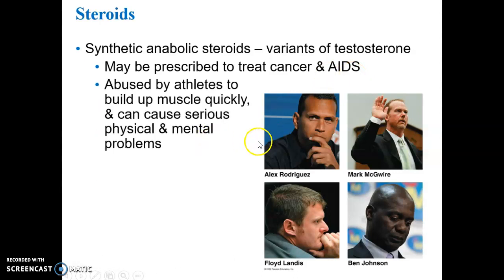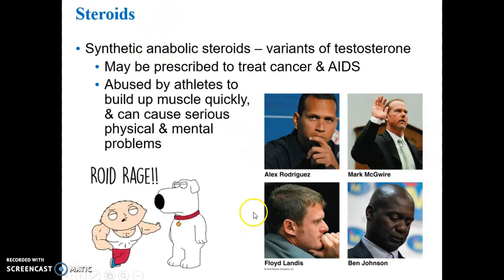However, they have been abused by some athletes, actually probably many athletes. They help build muscle quickly, but they can cause serious physical, physiological and mental problems. So basically, cheating by using synthetic anabolic steroids. If you've heard of roid rage, in the sense of steroid rage, because of the effects of synthetic anabolic steroids on individuals, that has been documented to a certain degree.